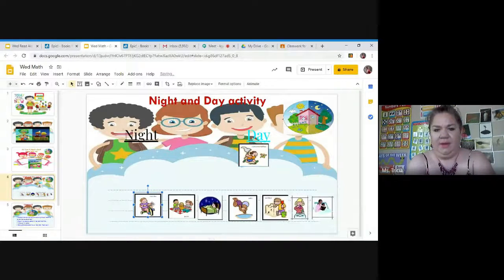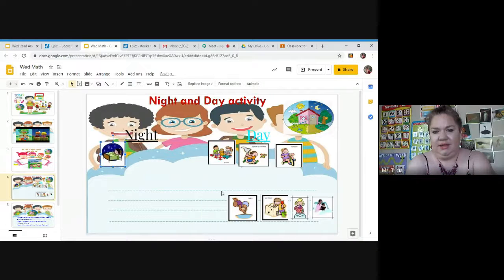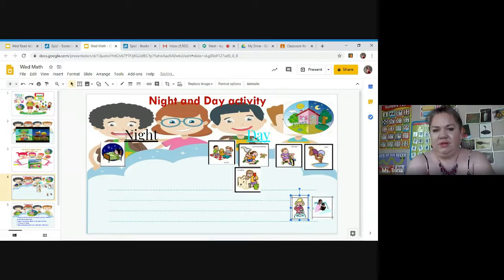And we ride our bike in the day. And we have a picnic in the day. We go to sleep at night. We can swim during the day. We can build sandcastles during the day. We brush our teeth before we go to bed at night. And in the morning, we do both. And we read a story before bed at night.